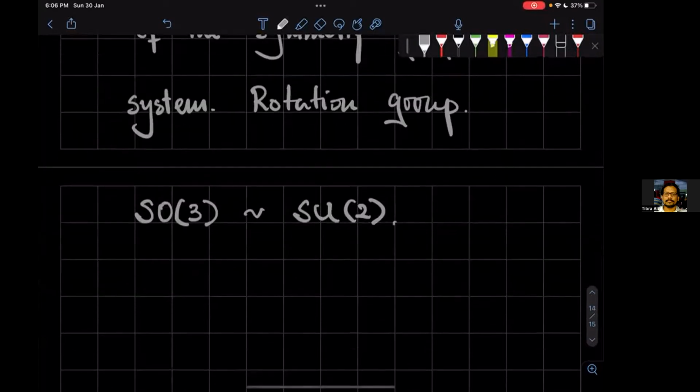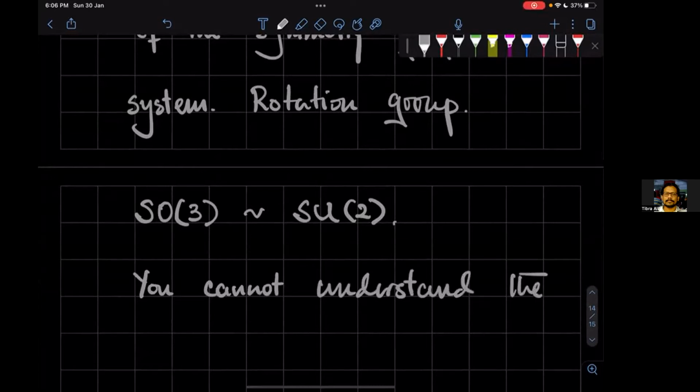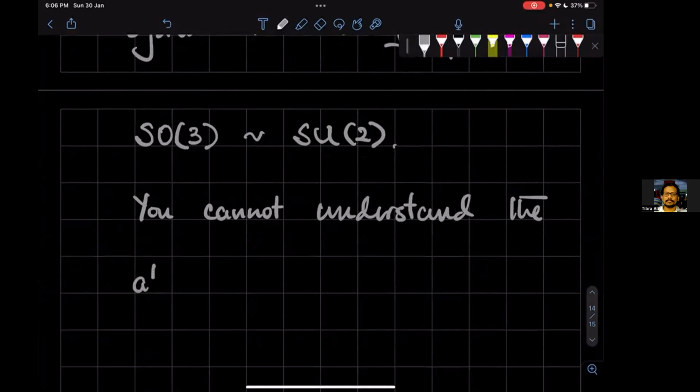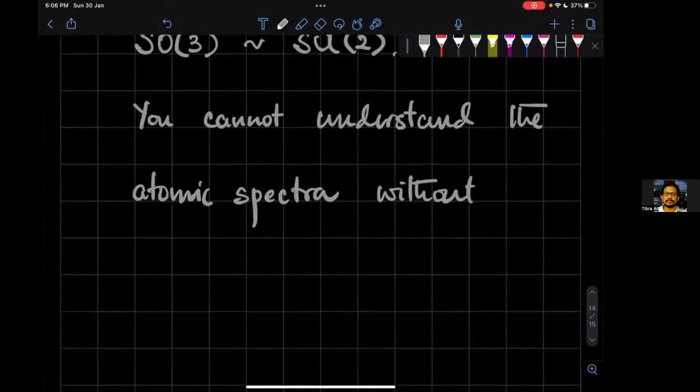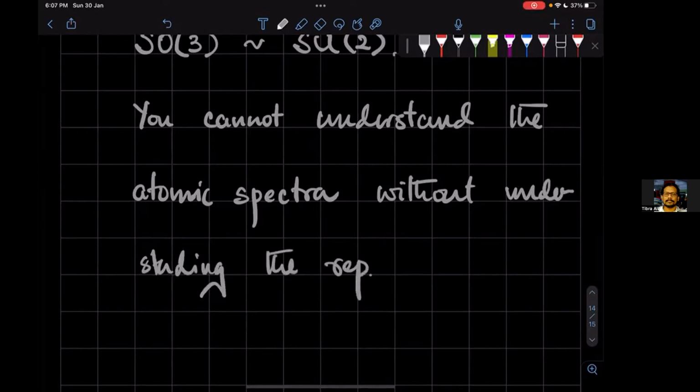Okay, so you cannot understand the atomic spectra, for example, without group theory, without understanding the representations of SU2.